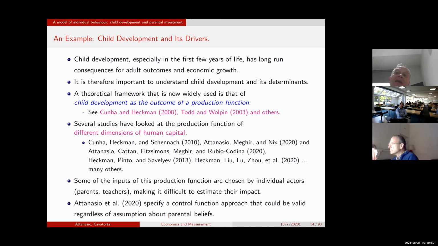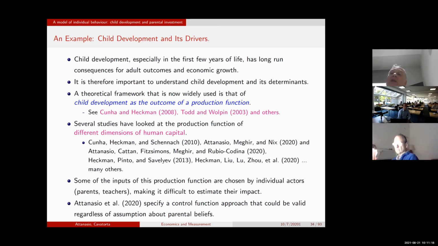So we can easily check the first stage, that it is significant in the regression for time investment. The untestable assumption that you have to justify is that that specific variable is not significant directly. It's an exclusion on child development.